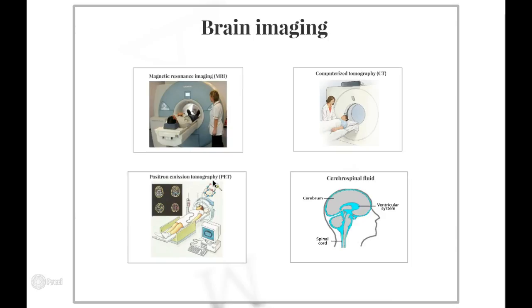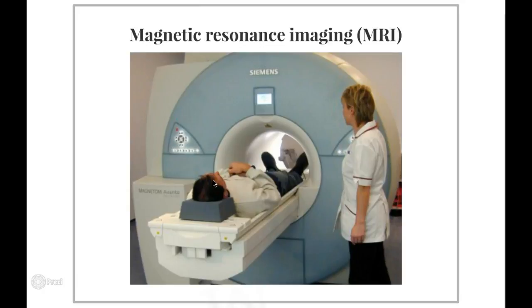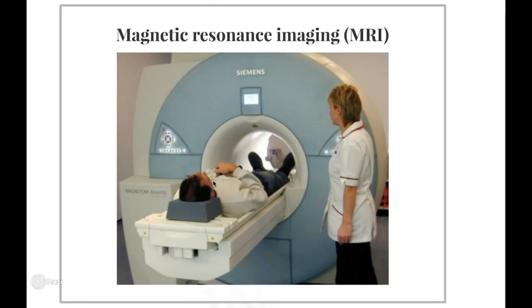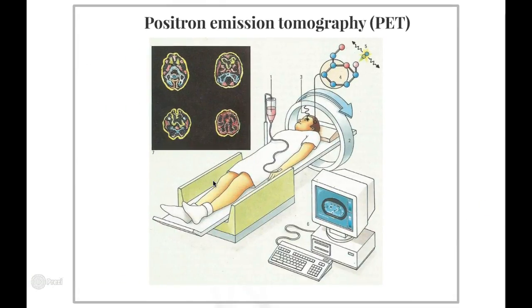Brain imaging technology includes magnetic resonance imaging, abbreviated MRI. An MRI uses radio waves and a strong magnetic field to produce detailed images of your brain. And a CT scan, which produces cross-sectional images of your brain. And a PET scan.